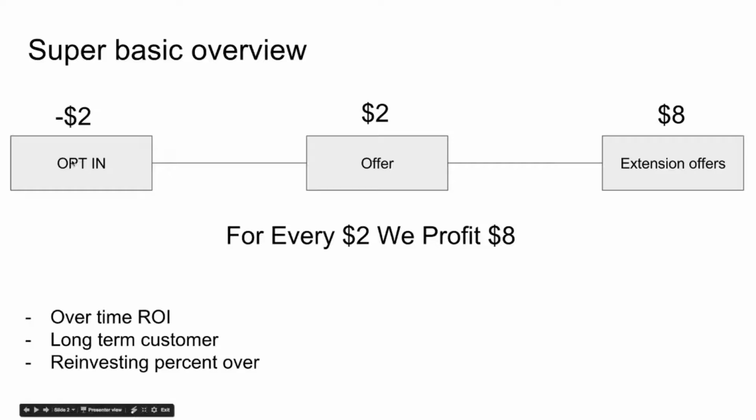We put $2,000 in here, so we're out $2,000. And then overall we make $8,000 back. We're out $2,000 we spend on advertising. We make it back, and then we make it back over 8 again. With our process, really it's going to be like this.